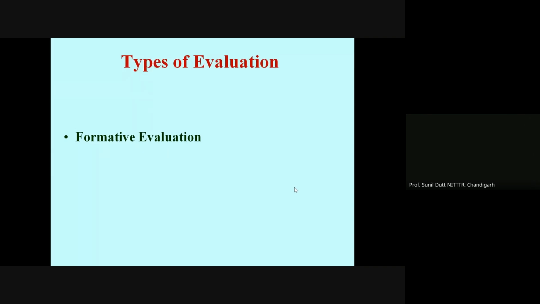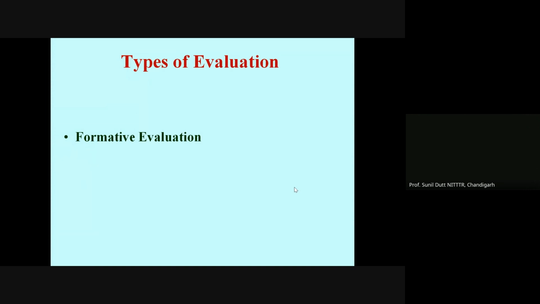After delivering the second input, you can ask one or two questions. So you are getting feedback, whether the students are taking interest, whether they are receiving the information and able to understand, or you need to make some change in your subsequent presentation.